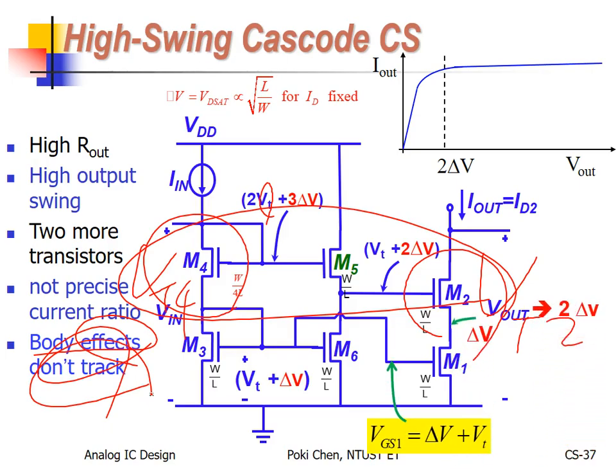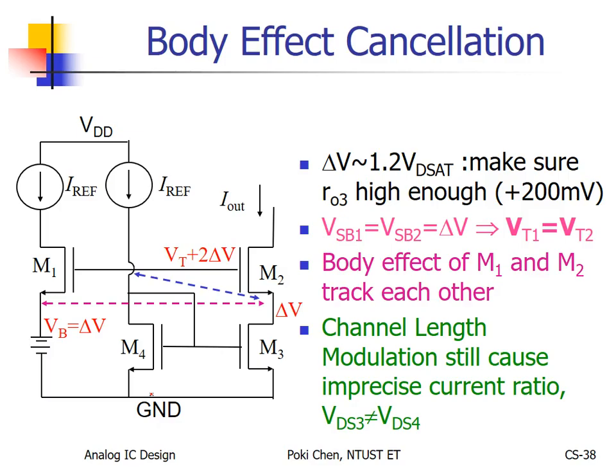So how to cancel such body effects for different transistors? This is, again, some kind of rough estimation. How to track if M1 is connected to ground? Forget about it. So we would like to track M1's body effect with M2.